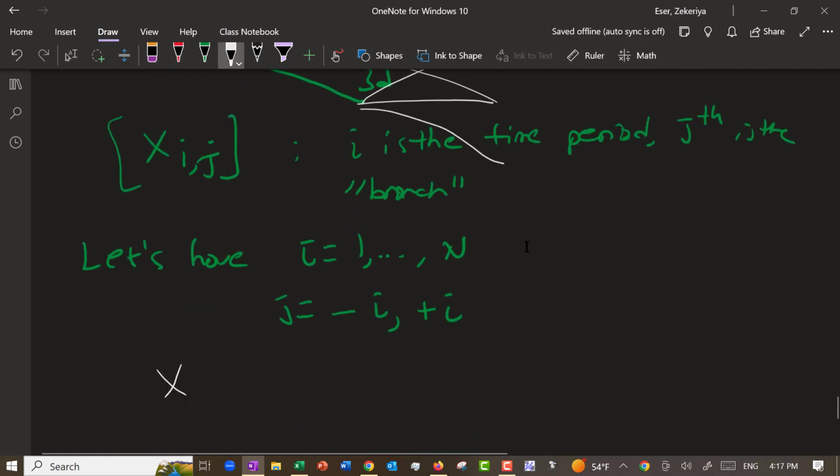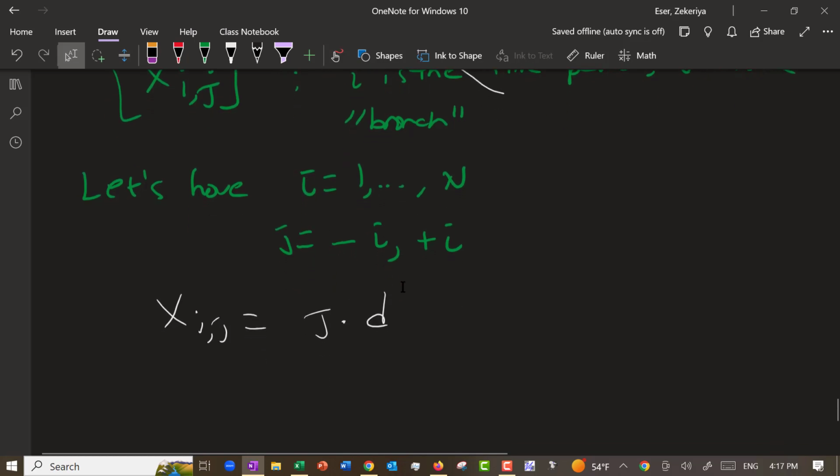So xij actually will be j times d. That's it. Regardless of i, but the number of j's is limited by that. So constructing that tree is going to be extremely easy once we do the array stuff in VBA.